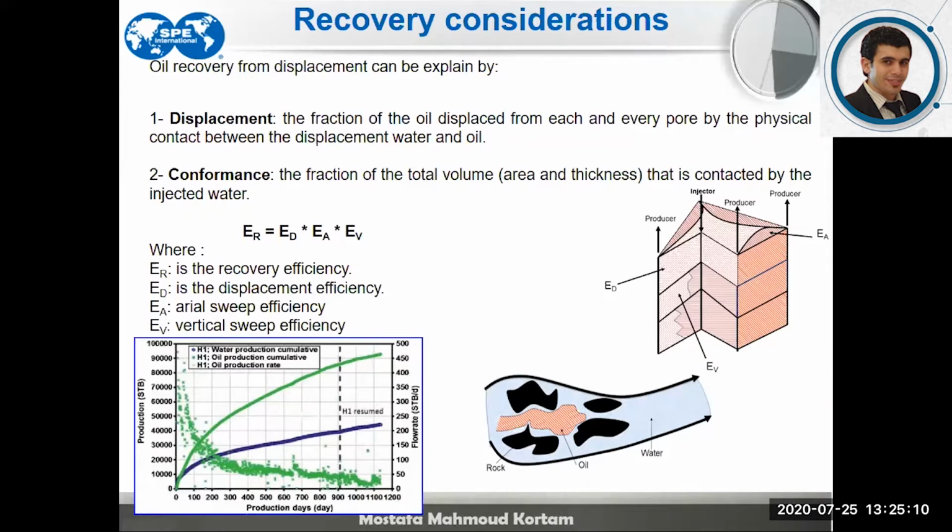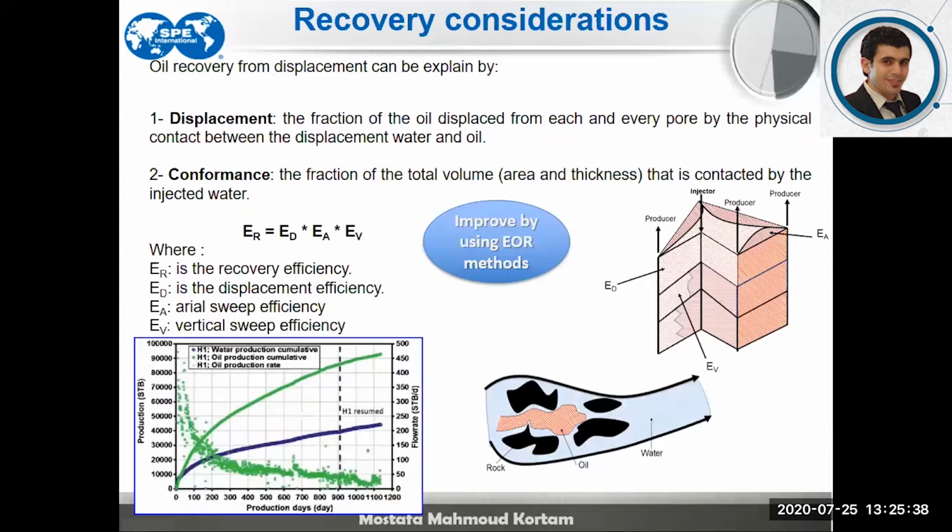So this opens the key for the EOR application, as we were explaining before. This kind of unmovable or unrecoverable oil that should be moved and produced, owing to the primary or the secondary recovery, comes from two elements of any water injection project.